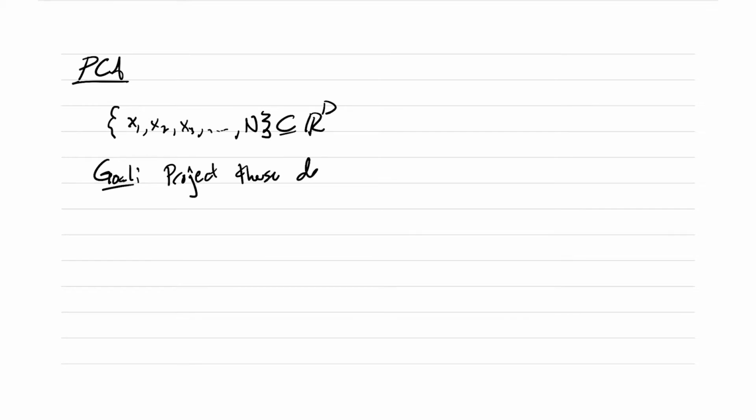These are indexed by 1, x1, x2, x3, etc., up to some fixed n, which will just be capital N. And this collection of points is in R^D for some finite D. The goal here is to project these data points onto a lower dimensional subspace of dimension M.